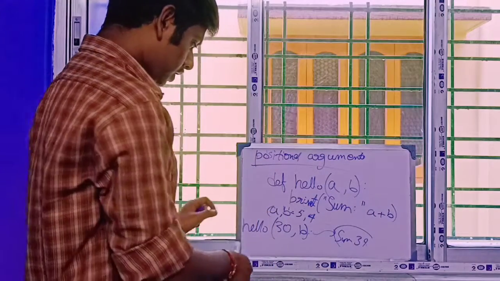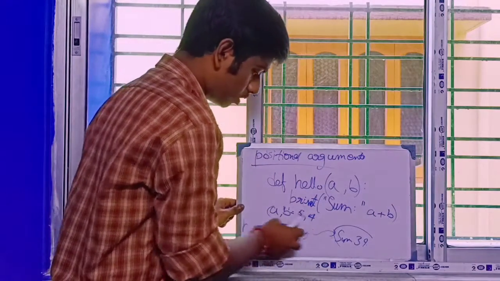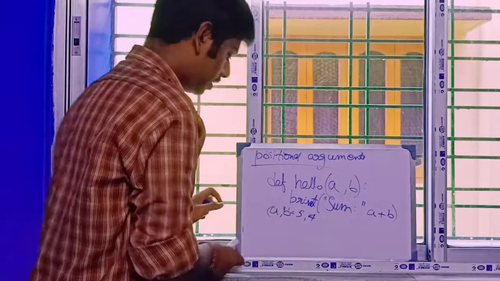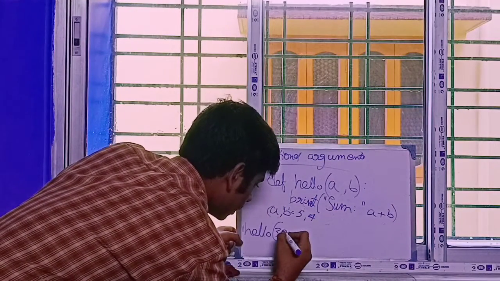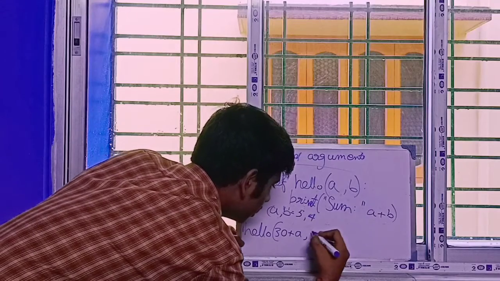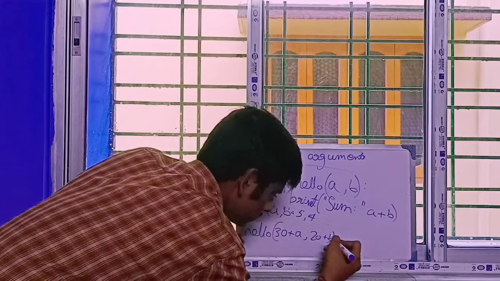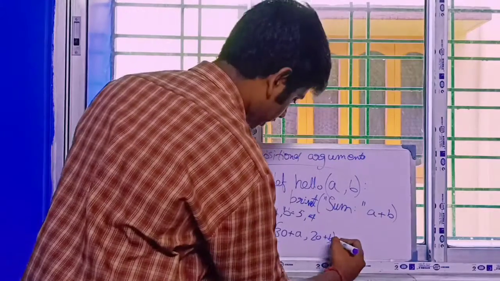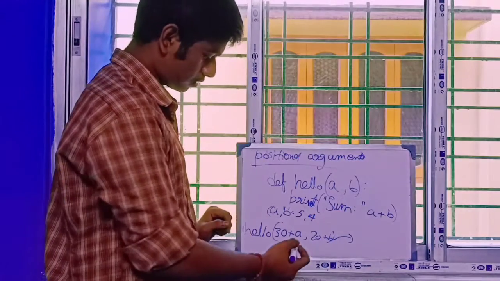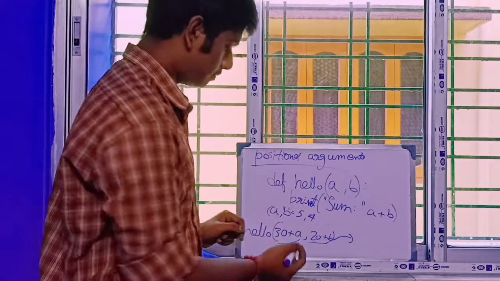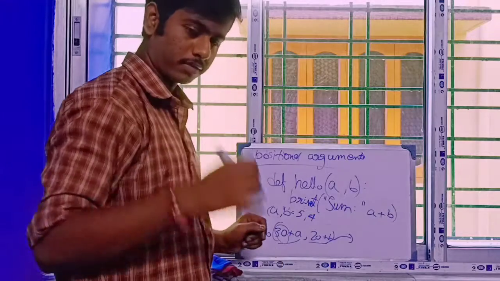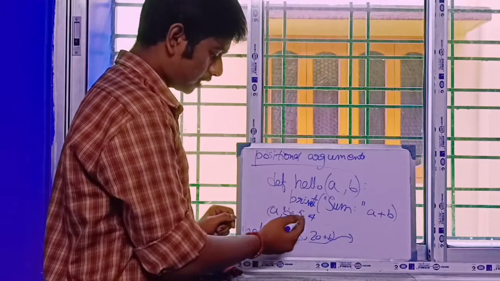Now we can also call this function like this: hello 30 plus a comma 20 plus b. Anyhow, we can call the function. See, in the first variable we have taken 30 plus a, meaning 30 was given by us and this a will be taken from the value specified.